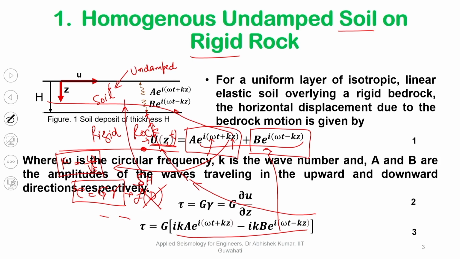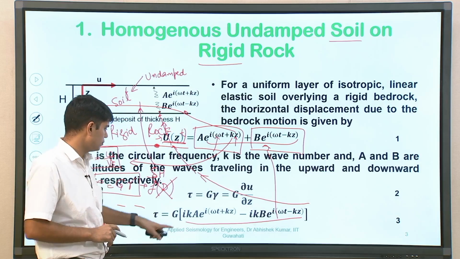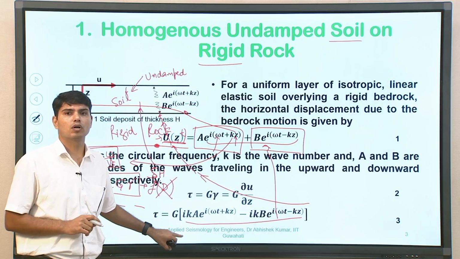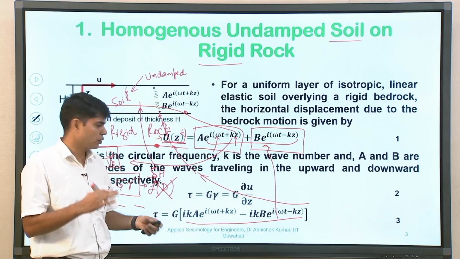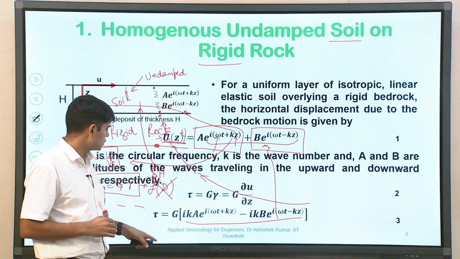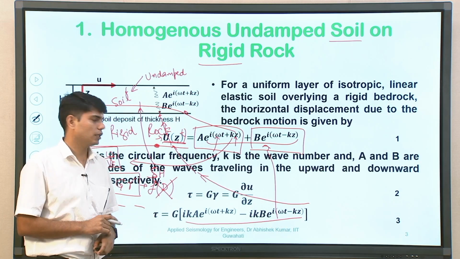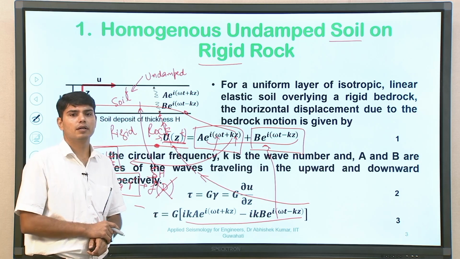So, that is the equation correlating the shear strain in a particular medium. Multiply that by the shear modulus of the medium, which is again constant, because we are taking into account that it is linear elastic, and we are also dealing with linear ground response analysis. So, you will get the value of shear stress from here.